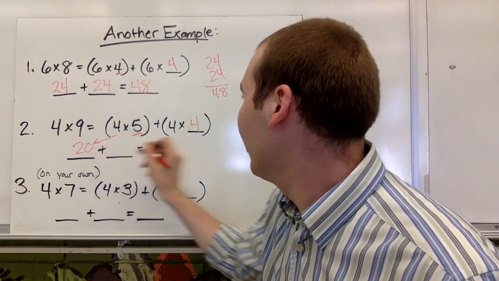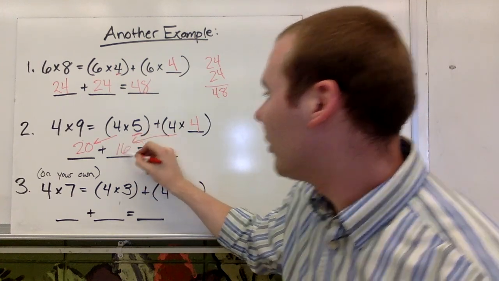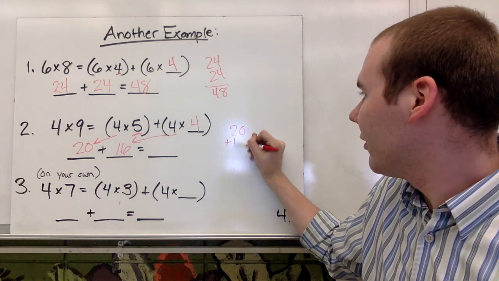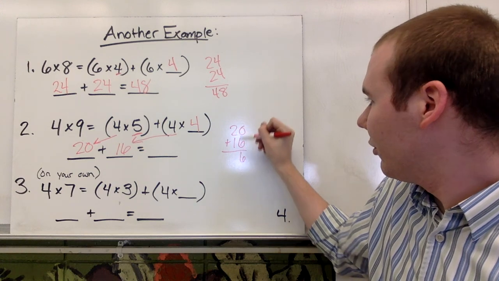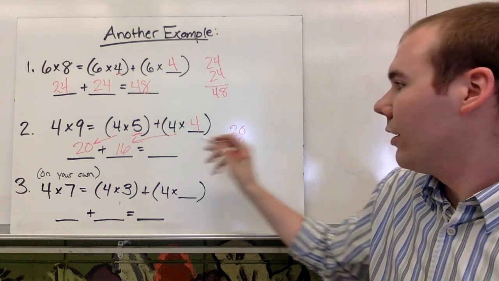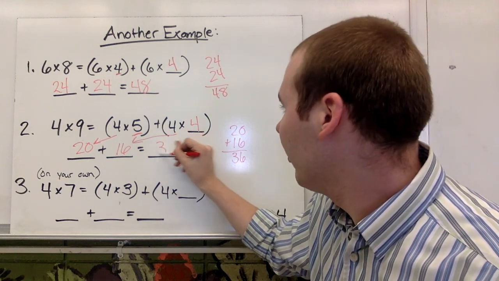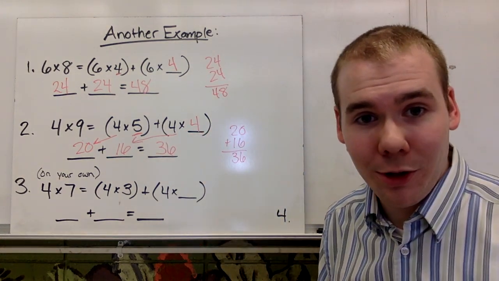That's going to go right there. And then 4 times 4 is 16. Now we're left with 20 plus 16. 0 plus 6 is 6, 2 plus 1 is 3. 20 plus 16, or 4 times 9, equals 36. All right, there's a couple examples for you.